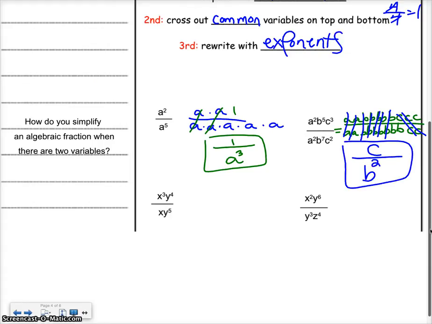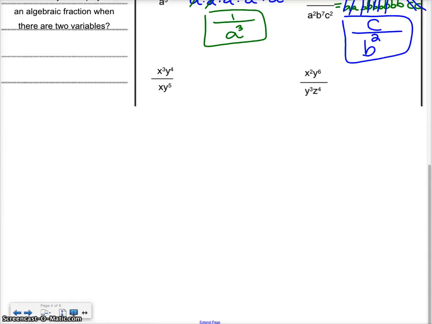Okay, you try the next two. Okay, according to the steps now on this next one, I expand out my variables. So I have 3 x's, 1, 2, 3, 4 y's, 1, 2, 3, 4, all over 1 x and 5 y's, 1, 2, 3, 4, 5.